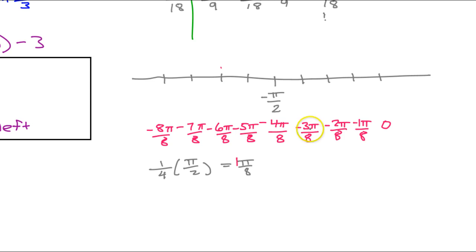Negative 3 pi over 8 cannot reduce, but negative 2 pi over 8 is negative pi over 4. And then I've got negative pi over 8 and 0. Over here on the left, I've got my negative 5 pi over 8. Negative 6 pi over 8 is negative 3 pi over 4.